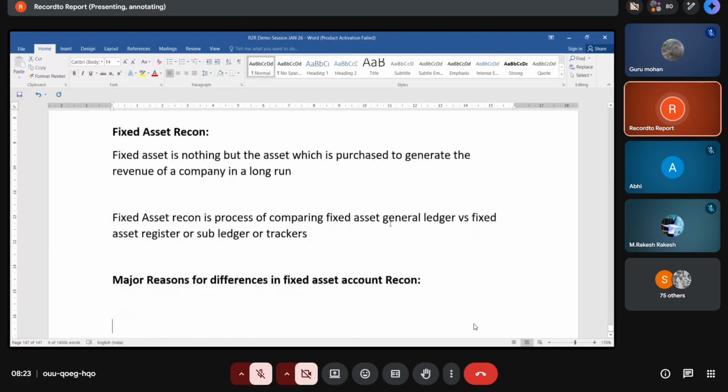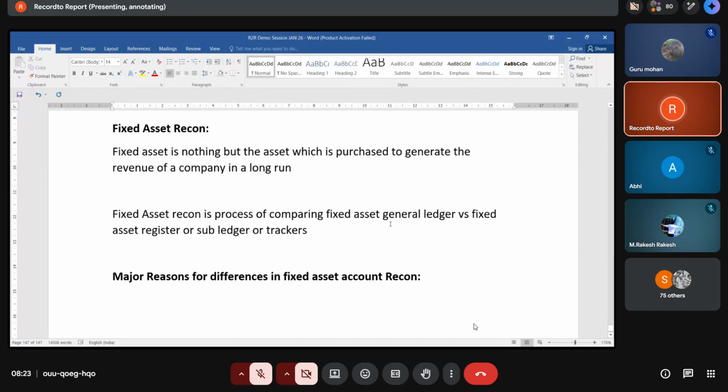The asset is ready to be capitalized, but it has not been recorded in the books of accounts.